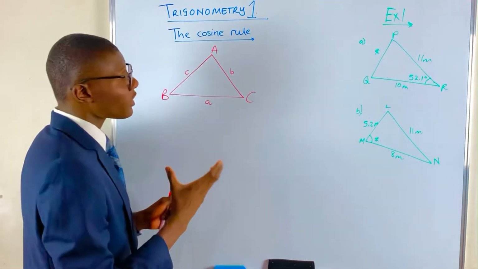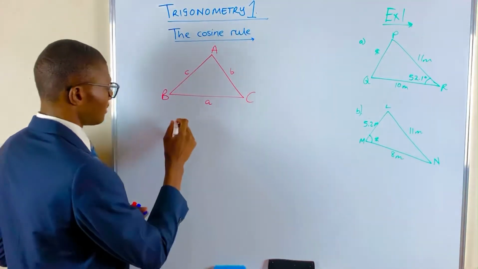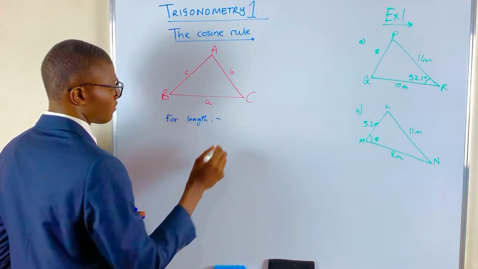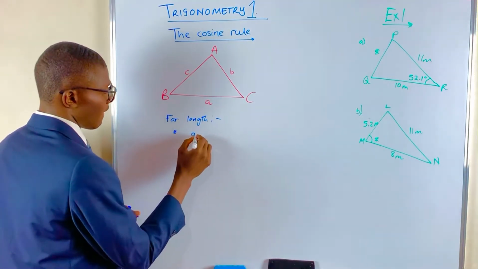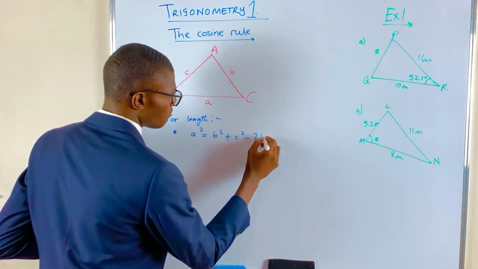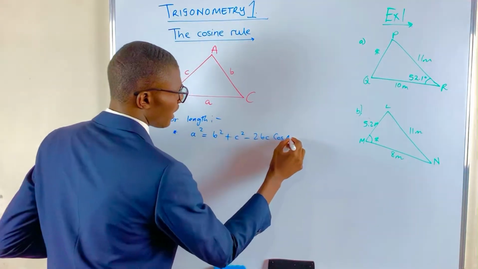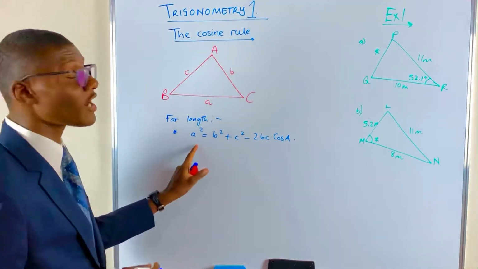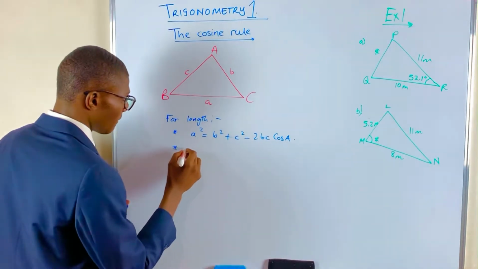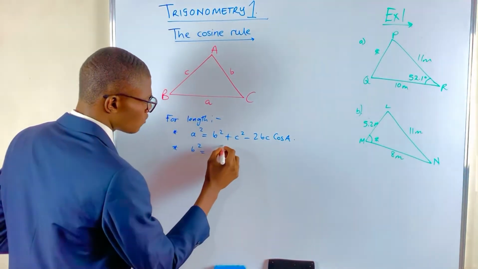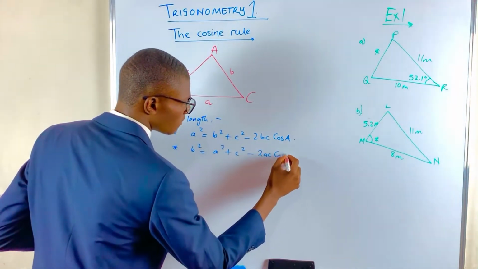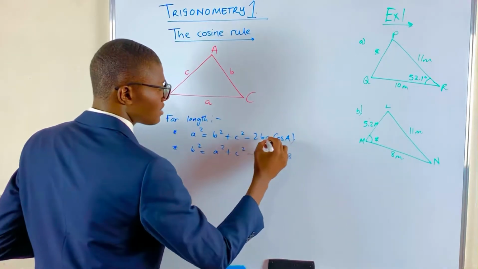Now, for calculating the length of a side, we say that A squared is equal to B squared plus C squared minus 2BC cos of the angle A. This is for calculating side A. For calculating side B, we say B squared is equal to A squared plus C squared minus 2AC cos of the angle B, and this will be in brackets, by the way.